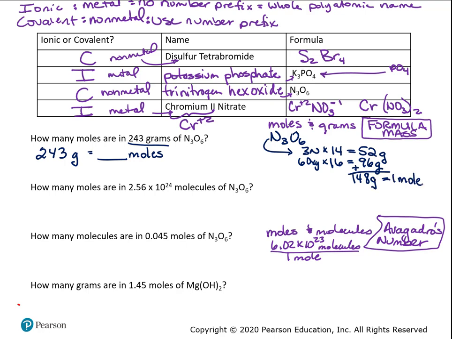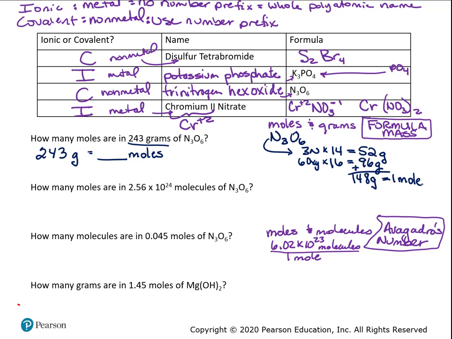So that is how many grams is in 1 mole. I just add up the mass of each of the atoms in the formula expressed in grams. That is called the formula mass or the gram formula mass or the molar mass, all mean exactly the same thing. It's just how many grams of that compound is in 1 mole.